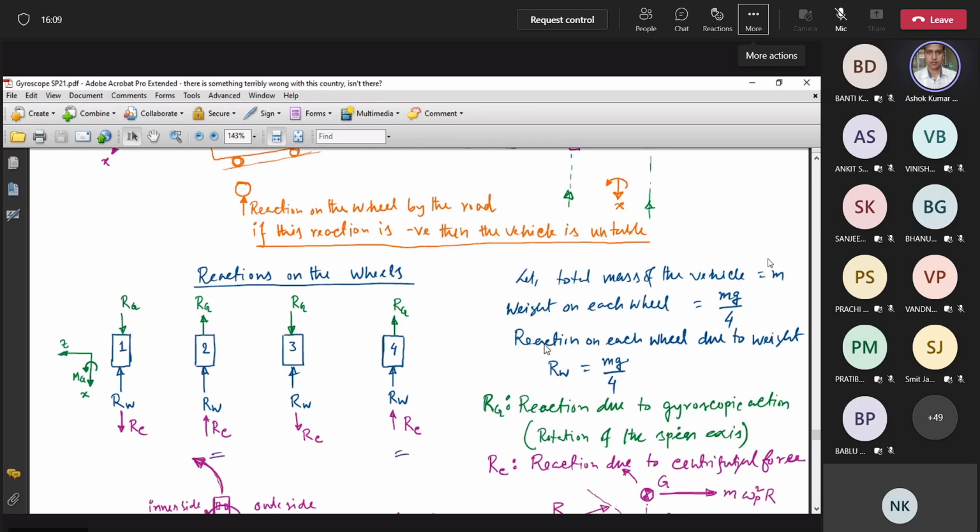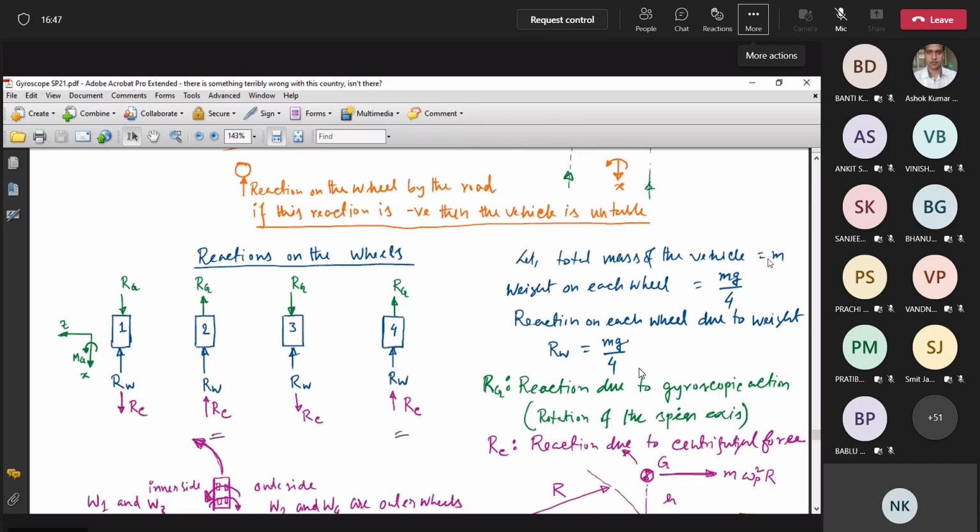Suppose Rw is the reaction on each wheel due to this weight. That means Rw is mg by 4. Now what is the direction? Obviously mg is acting downward, which means the reaction by the road on the wheels is upward. Is this point clear? So we have shown on each wheel this Rw, the same, acting upward. Are you fine with this?